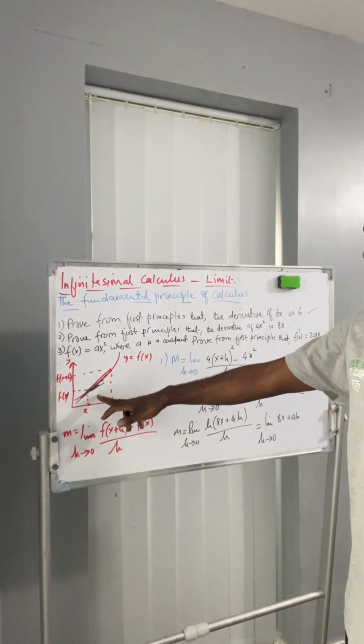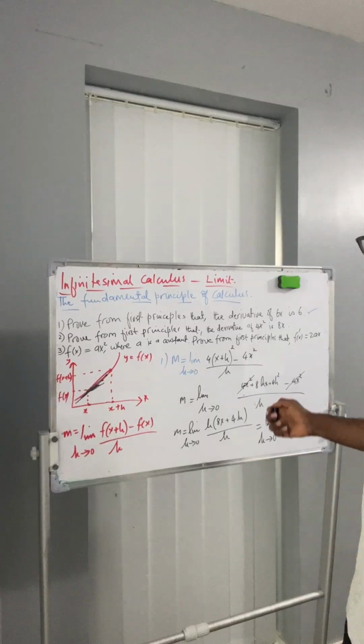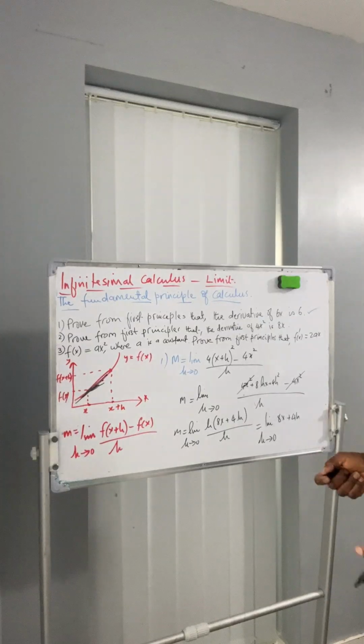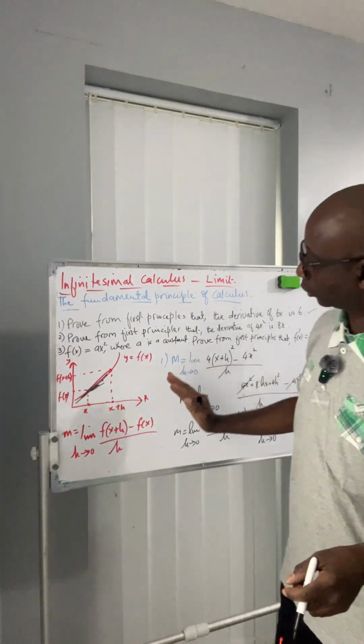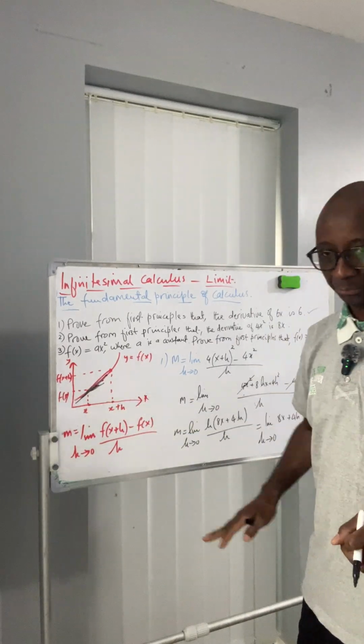And at that point, when it touches it, the gradient is 0. We don't want the gradient to be 0. It's not going to give you any good interpretation. So that's why we just keep on reducing this h until it approaches 0.